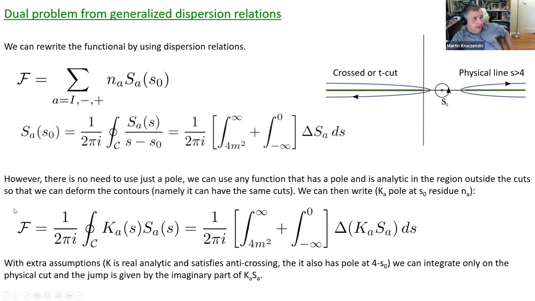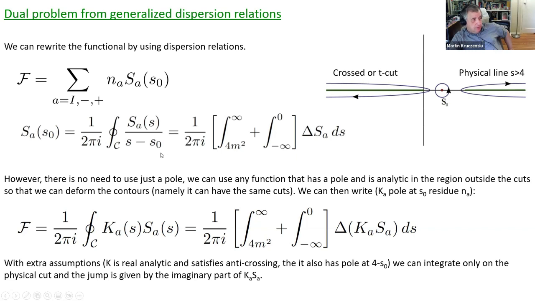over a cut. And the observation we made is that you don't have to put 1 over S minus S naught. You have to put an arbitrary function that has a pole at that point of residue. In this case, let's say N_a, if I want to maximize some linear combination. By maximizing different linear combinations, I map out the boundary of this space. But the thing is that I don't have to put 1 over S minus S naught.